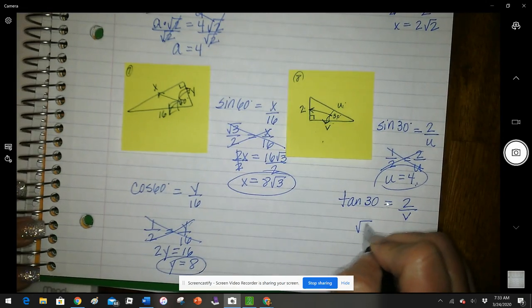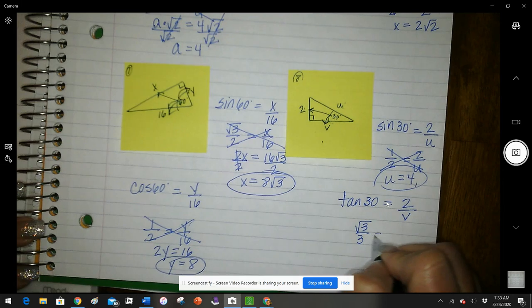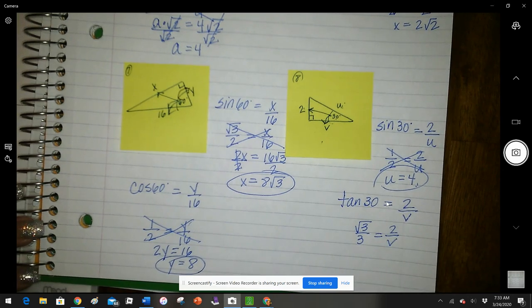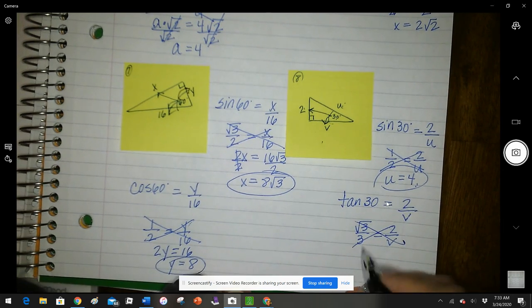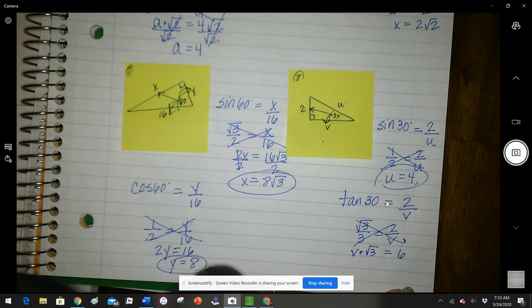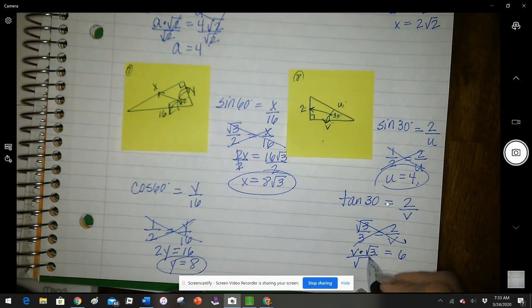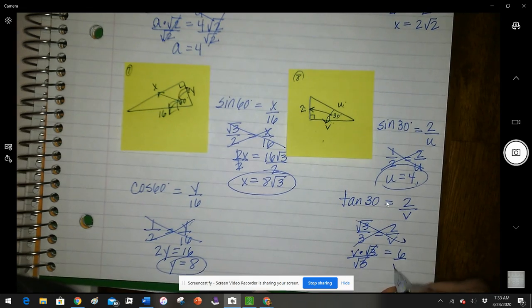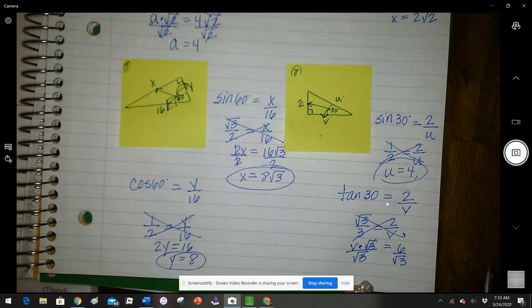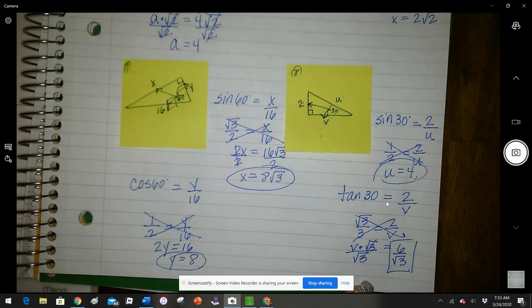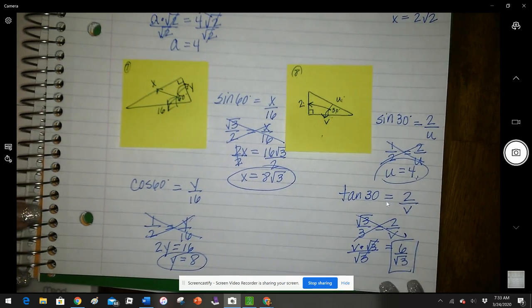So I'm going to substitute that in, root 3 over 3. And then solve. So I get v times root 3 equals 6. I'm going to divide both sides by root 3. And again, you cannot leave your answer in this form. That's not good mathematical form.